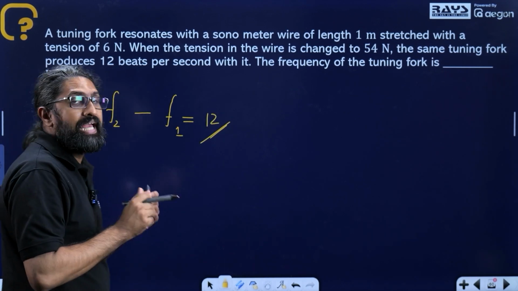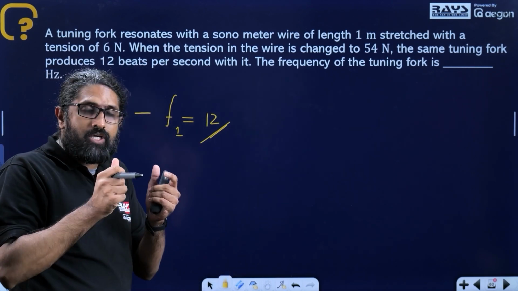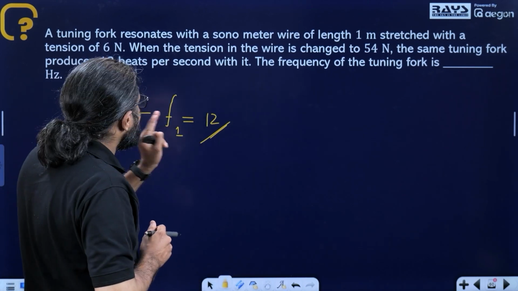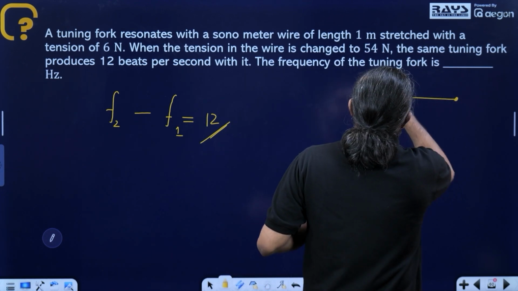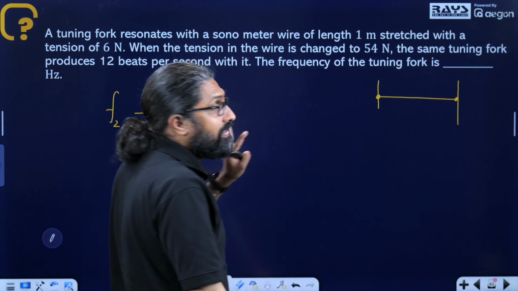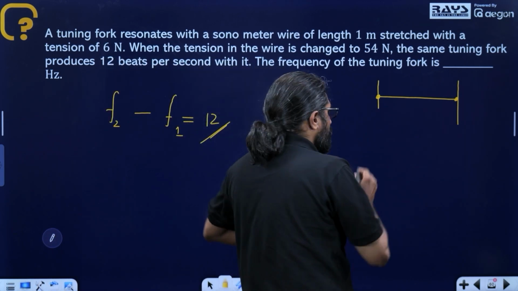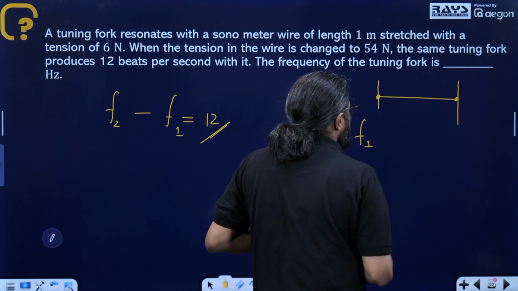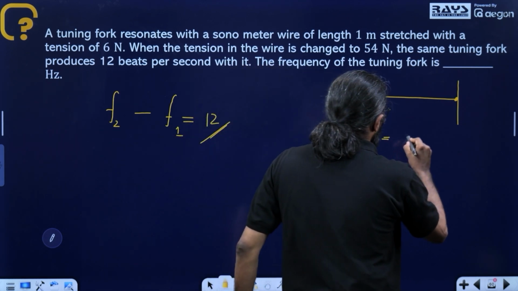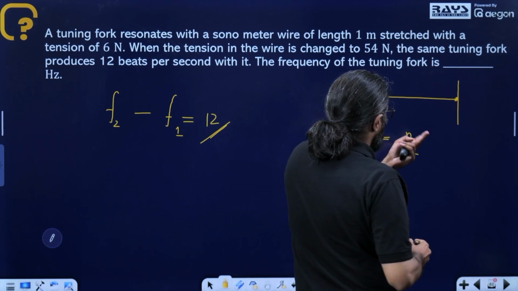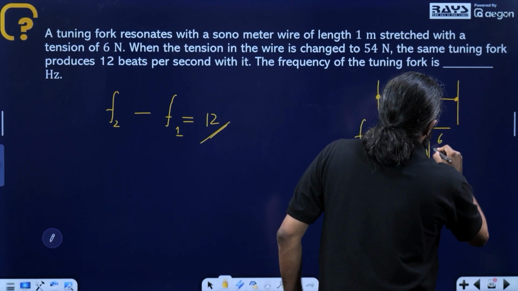Beat frequency is calculated as the difference of the frequencies. First thing to remember here is, let us assume the sonometer wire is vibrating in some mode. If in the first case it resonates with the frequency of the tuning fork, the tuning fork's frequency F1, which is also the frequency of this vibrating segment, will be equal to n by 2l, if it is the nth mode, into root T by mu, that is 6 divided by mu.